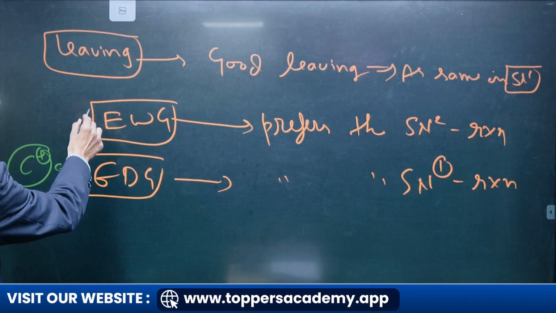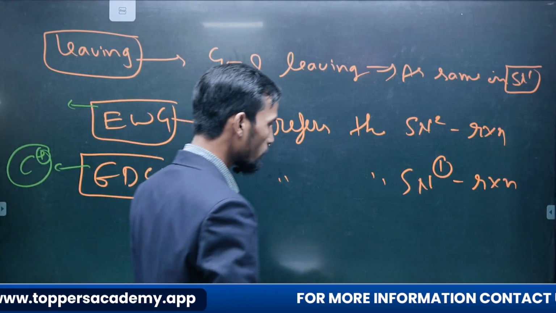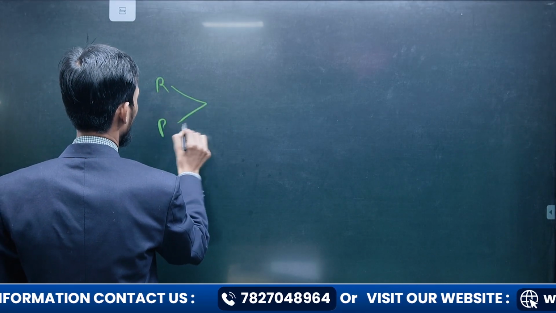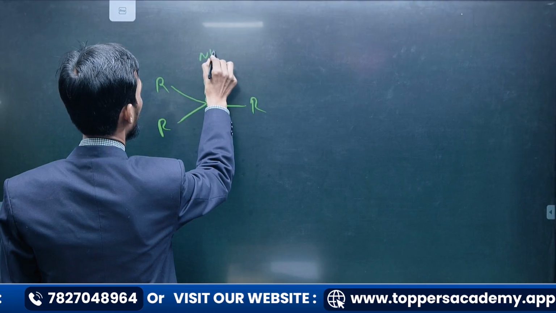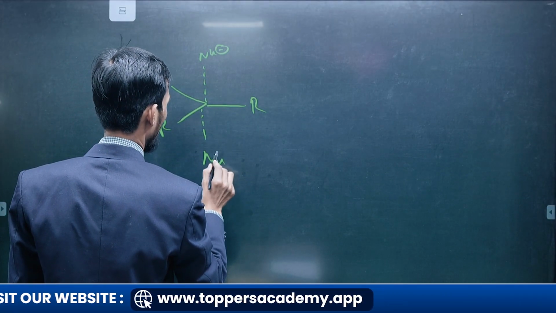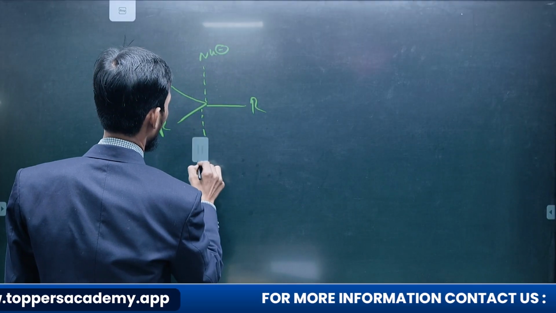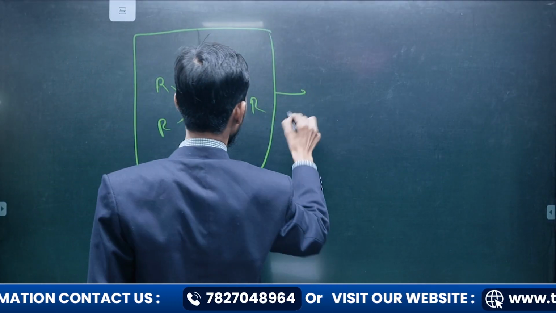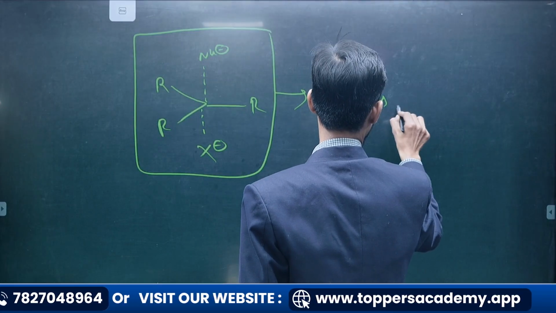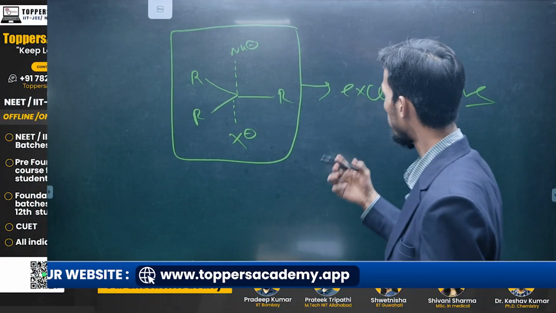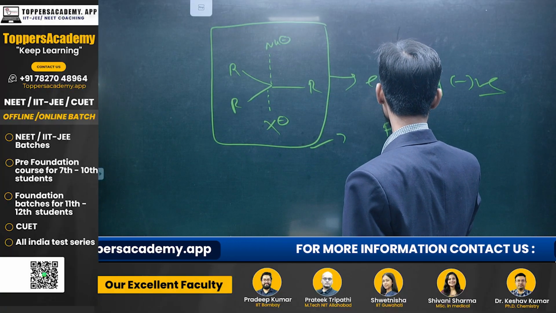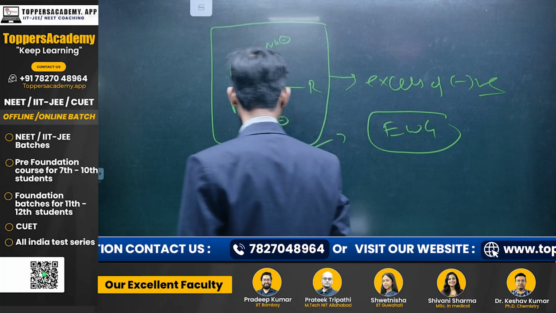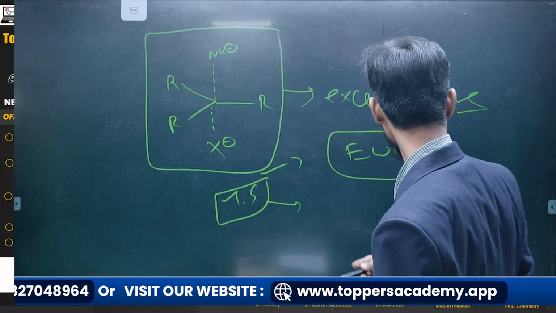But for an electron withdrawing group, we have seen the transition state has a negative charge, and an electron withdrawing group will stabilize this transition state.